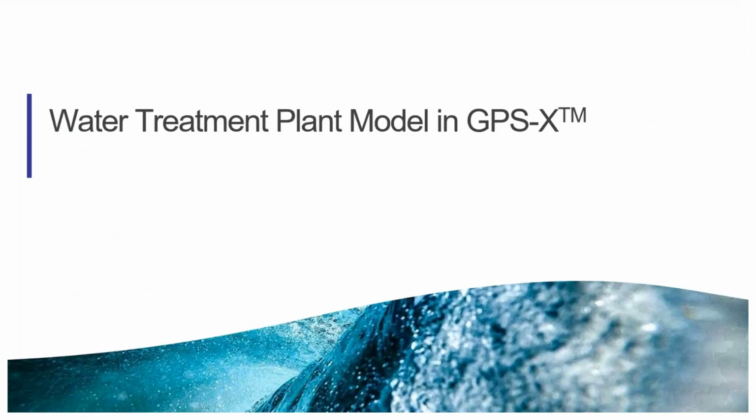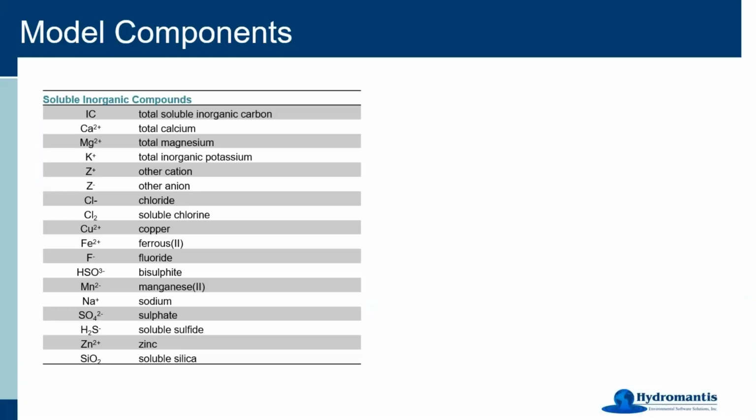So now, with this introduction, let's go to our GPSX model and see what are the different things that we can do with this particular framework that we have developed for modeling water treatment systems.